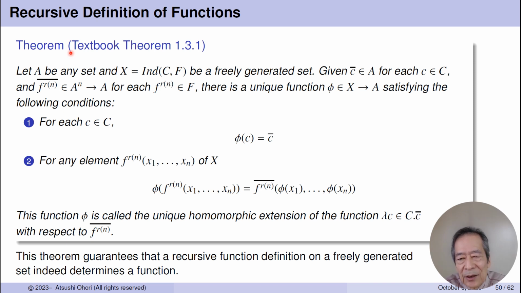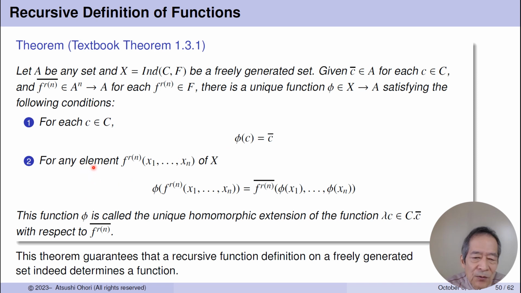Imagine that you define some property on a syntactic object like an expression, say the meaning or interpretation of the expression. Then typically, for each constant you interpret the constant, right?